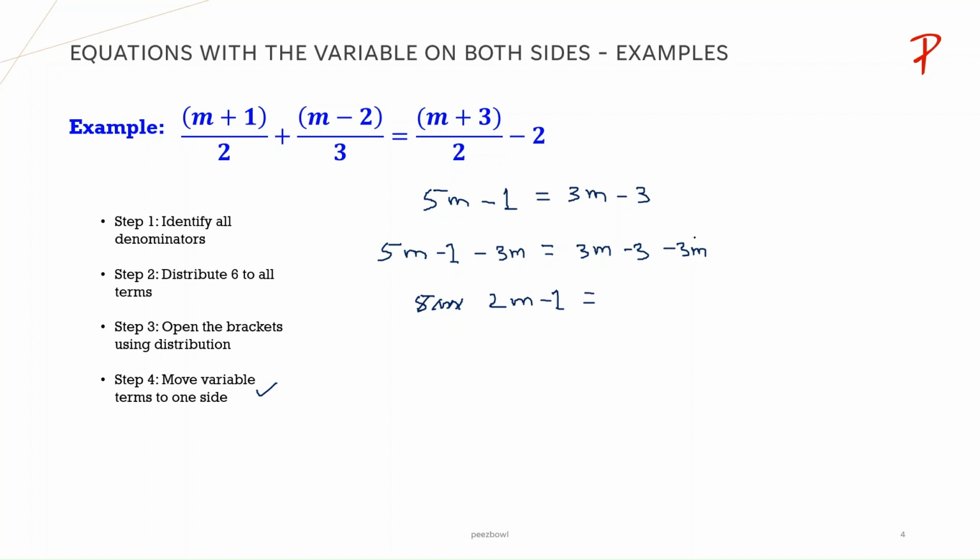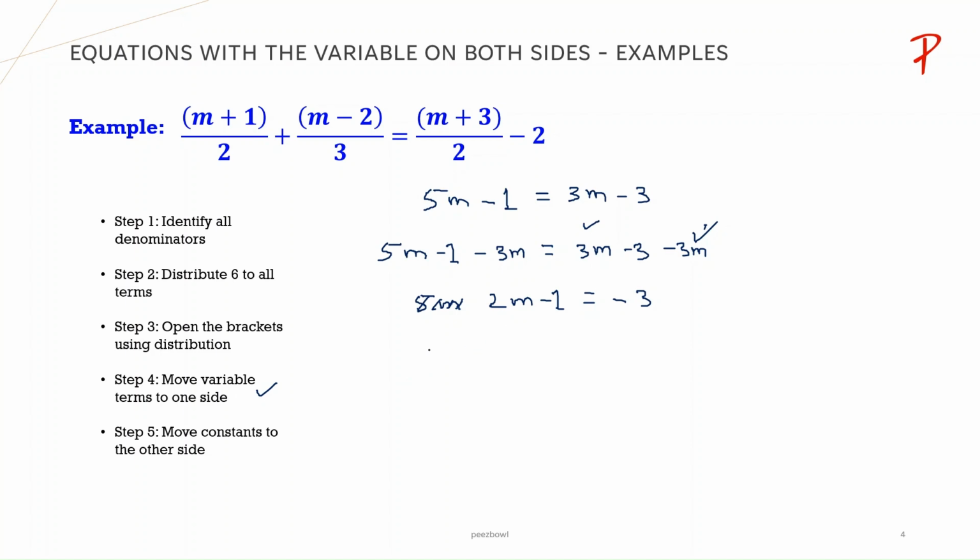This is equal to 3m minus 3m, which cancels out, and what we have is minus 3, right? So the equation is 2m minus 1 is equal to minus 3. Now for the next step we have to move constants to the other side, right? So let us add 1 to both sides.